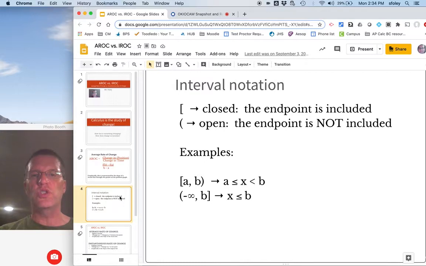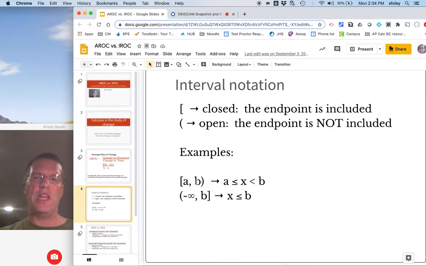As we're doing these problems, a quick side note: there will typically be used a thing called interval notation, which you might be familiar with from before. It's sort of a companion with inequalities, and on the AP test, I will accept both of these, but you definitely want to understand both of them. And if you choose to write it one way or another on a test or a quiz, that's fine. Bracket we consider to be closed, the endpoint is included. Parenthesis we consider to be open, the endpoint is not included.